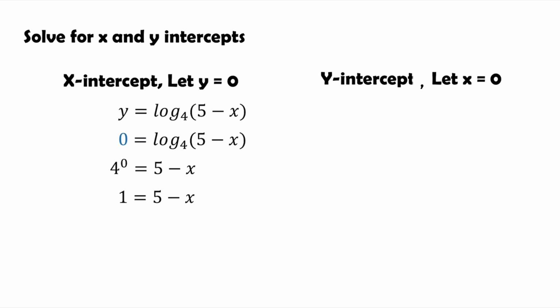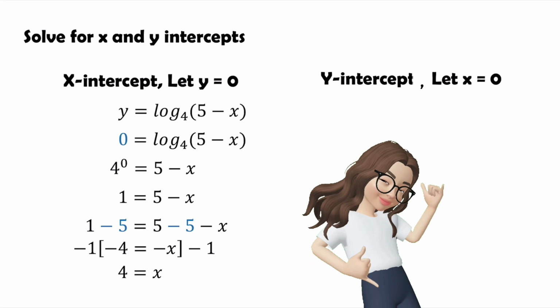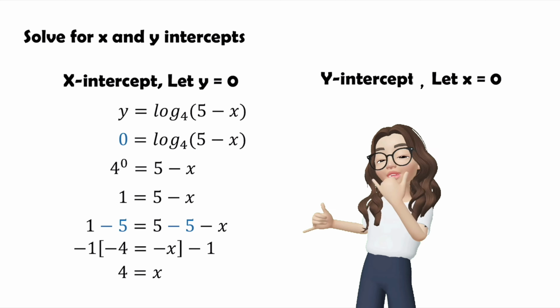Then apply APE. We will now have 1 minus 5 is equal to 5 minus 5 minus x. That will become negative 4 is equal to negative x. Then multiply negative 1 to both sides of the equation. We will now have 4 is equal to x, similar to x is equal to 4. Therefore, our x-intercept will be at 4, 0.